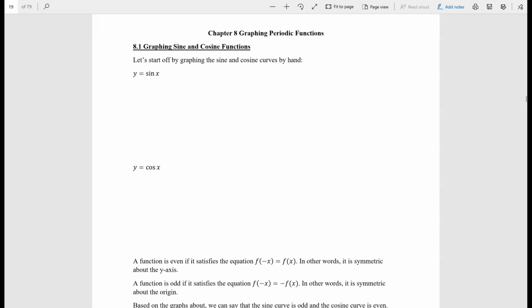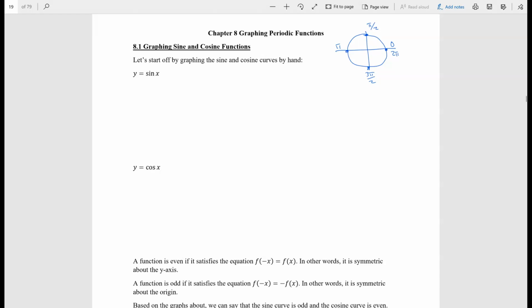Now we know from the unit circle, so if we have our unit circle, we have many different points that we can choose from. We have various different angles. Now we want to be careful with what angles we want to choose. So in particular, the angles that we're going to choose are the quadrantal angles, because you'll see that when you have 0, pi over 2, pi, 3 pi over 2, and 2 pi, when you go into these quadrantal angles, you'll actually have nice numbers.